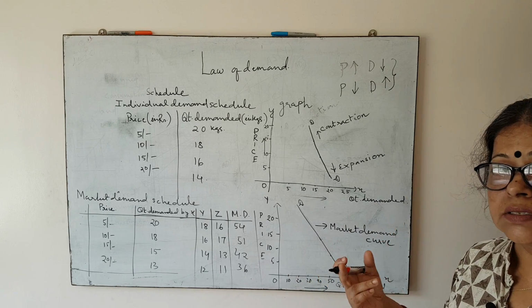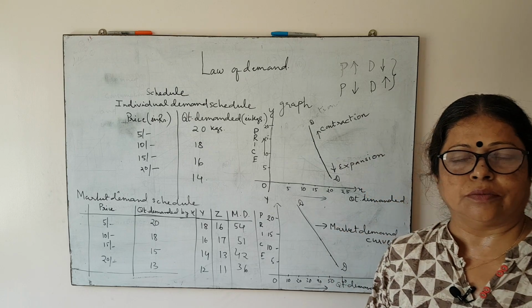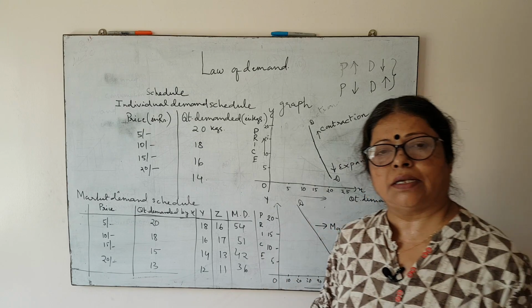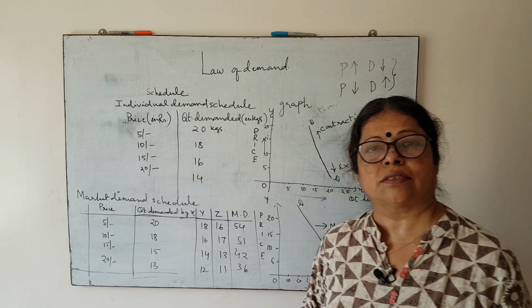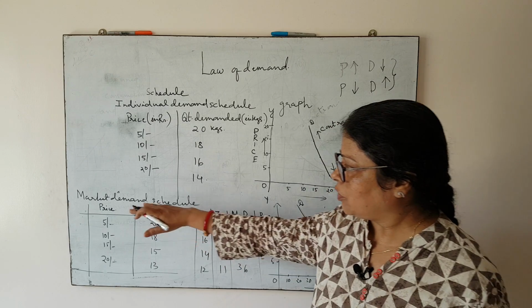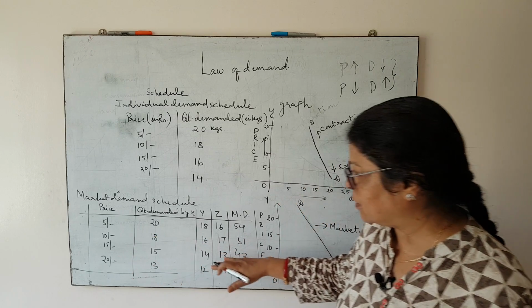Now after this, you may be asked what a market demand schedule and market demand curve are. The market demand curve is a horizontal summation of individual demand. When you draw the market demand schedule, you have to draw it like this.